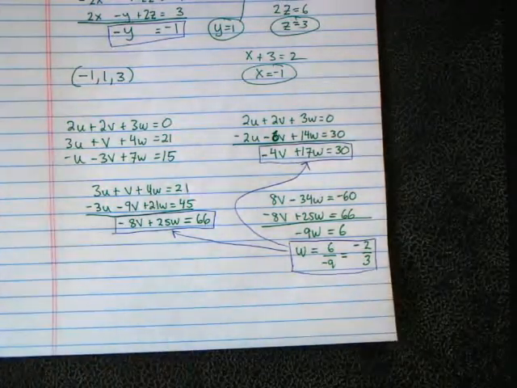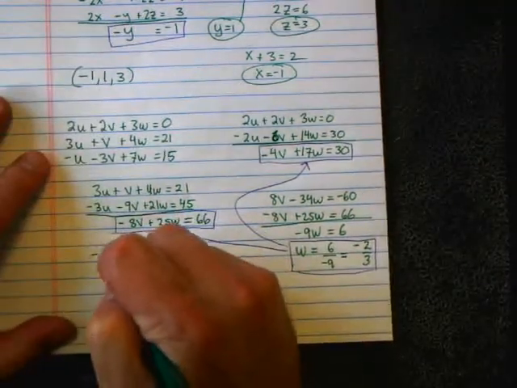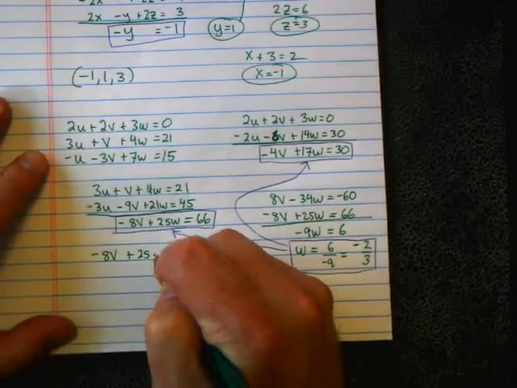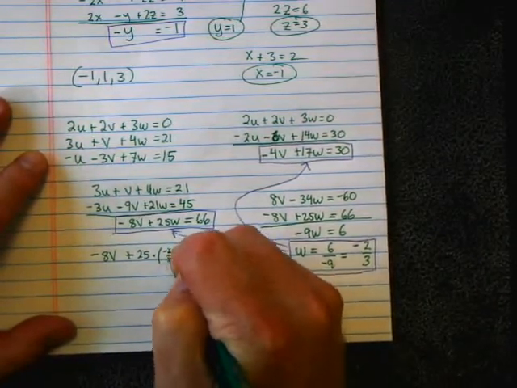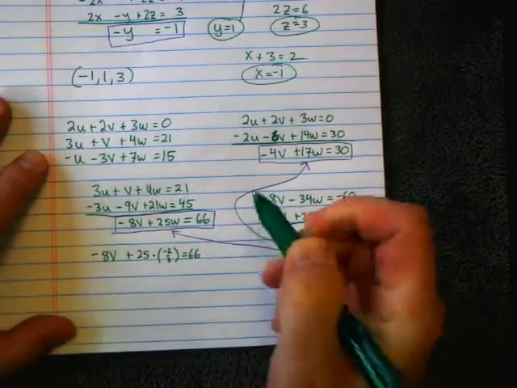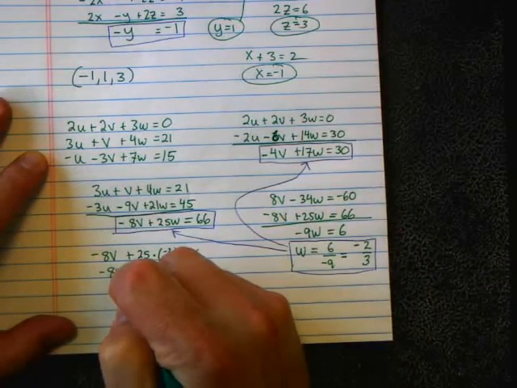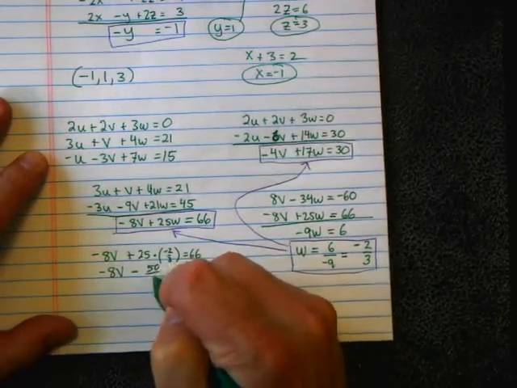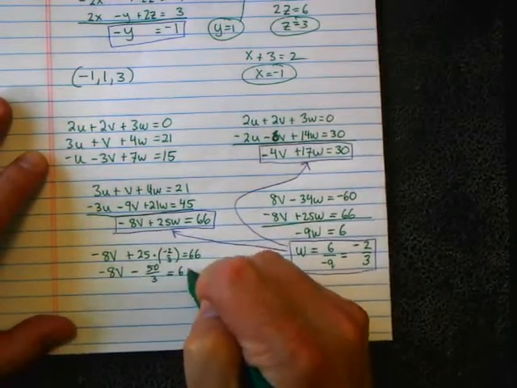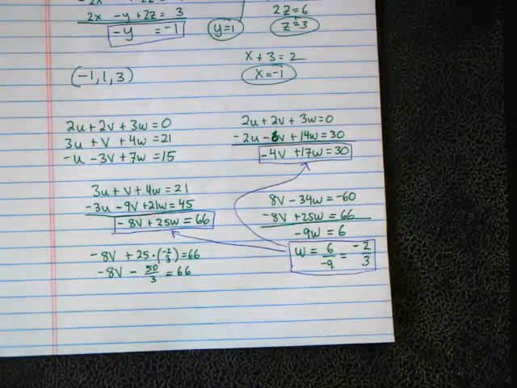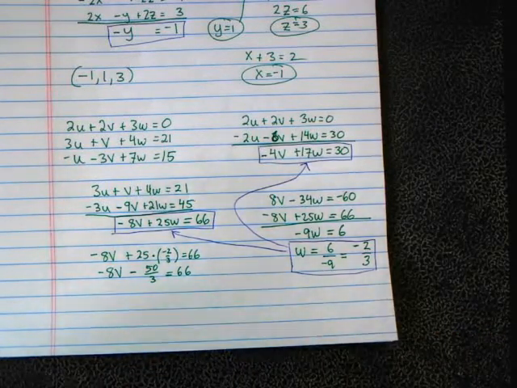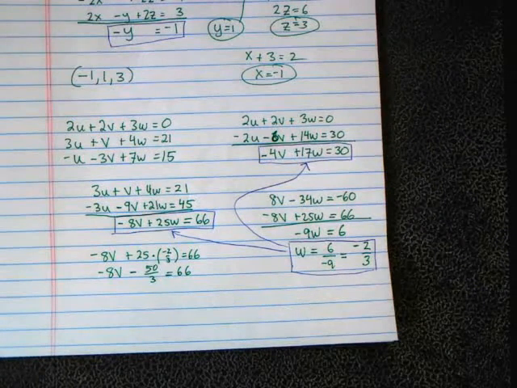All right. So negative 8v plus 25 times negative 2/3 equals 66. Negative 8v minus 50 over 3 equals 66. I thought of 25 as 25 over 1, multiply tops, multiply bottoms. Add 50 over 3 to both sides.